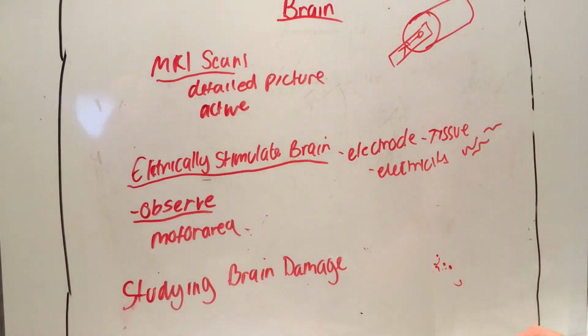Or if you had a stroke and a part of your brain was damaged and you couldn't move, you would know that that part of the brain is linked to movement.